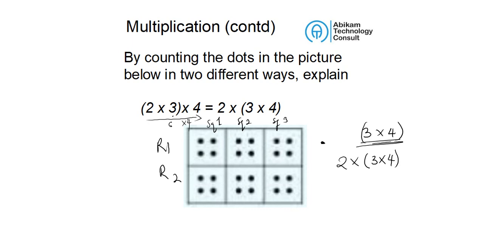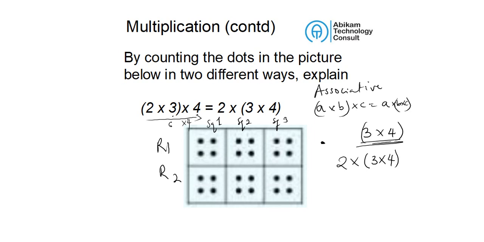Whether we do the first one, which is counting the number of squares first before multiplying by the dots, or do it the other way, we still arrive at the same result. And that is telling us that multiplication is also what? Associative. In algebra, we say A times B multiplied by C equals A times B times C. So that is associativity.